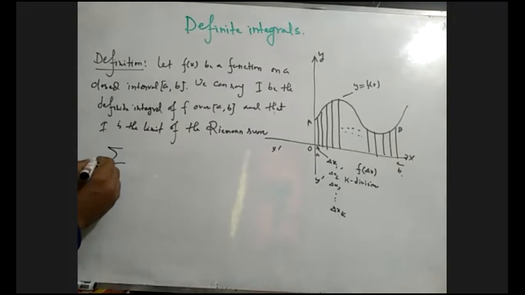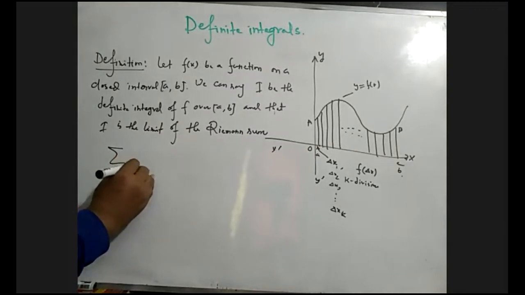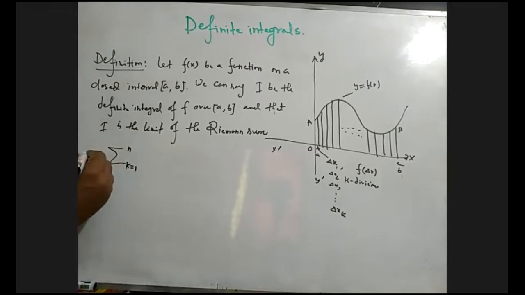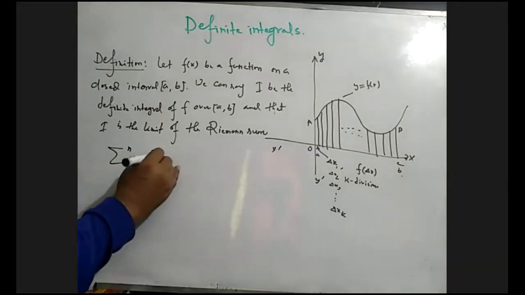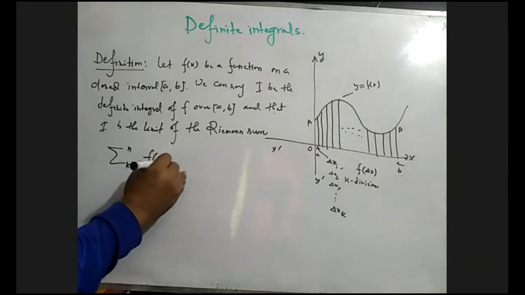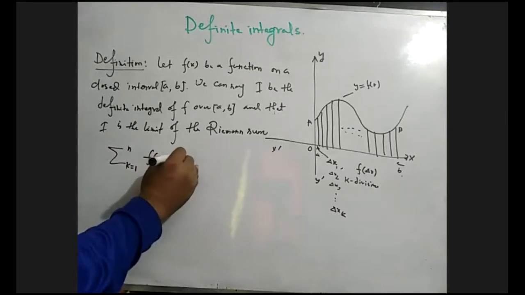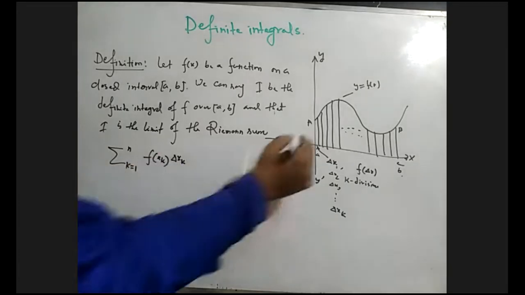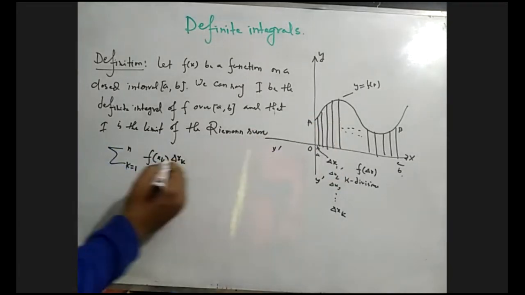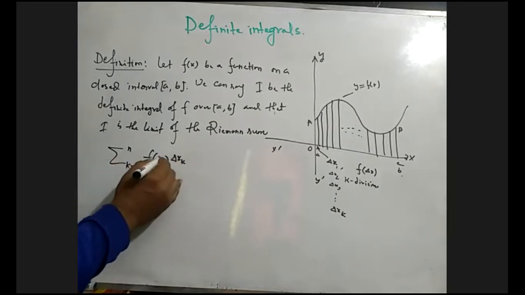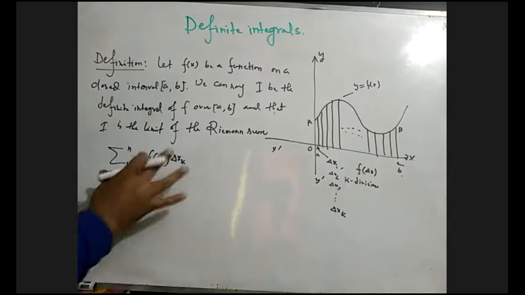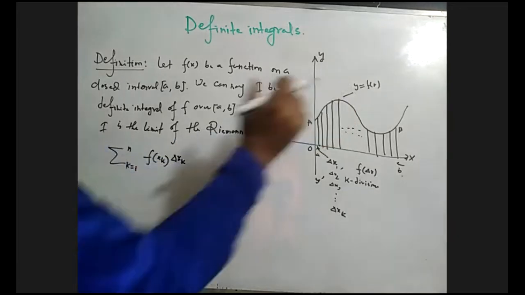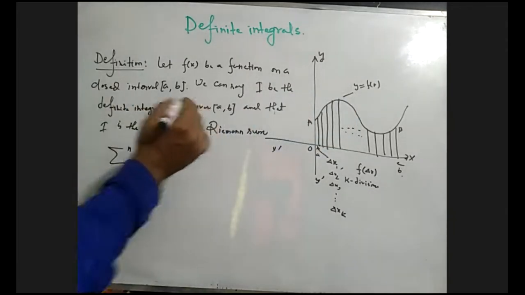Summation k equals 1 to n of f of xk into del xk. So if k equals 1, del x1 into f of x1, that means the first trapezium. If k equals 2, del x2 into f of x2, that means the second trapezium. So the sum of all areas, the length multiplied by breadth, will give the total area by this integration.